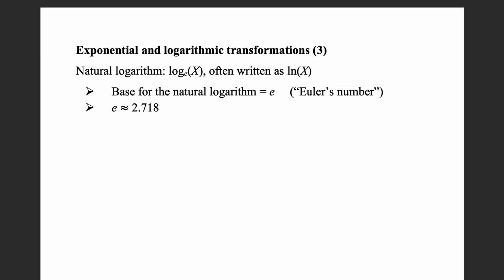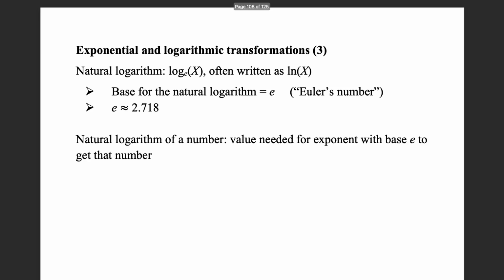It has all kinds of nice mathematical properties that make life a lot easier if you have to do mathematical stuff with it, and it also makes the interpretation of the outcomes very nice. But for you, it's enough to know that if we talk about natural logarithm, we talk about a logarithm where we pick Euler's number as the base number, and that Euler's number works out to around 2.718.